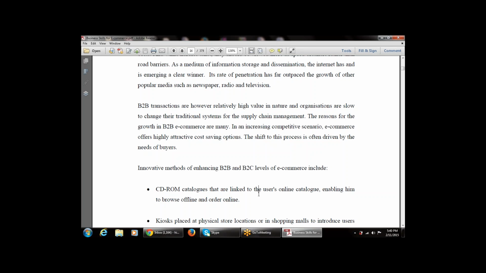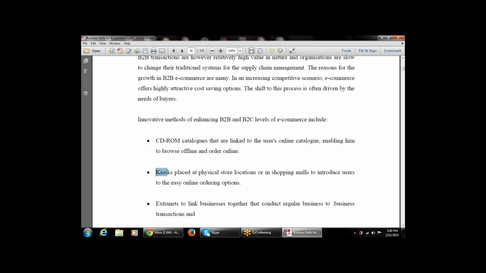That is an innovative method for enhancing B2B. Then kiosks placed at physical store locations or in shopping malls to introduce users to easy online ordering options.